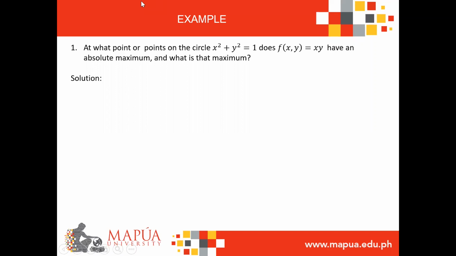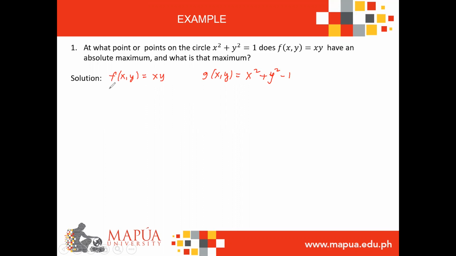Okay, let's start by defining function f and function g. The function f given here is f of xy equals xy. And the other function, also known as the constraint, is g of xy equals the equation of the circle, x squared plus y squared minus 1.